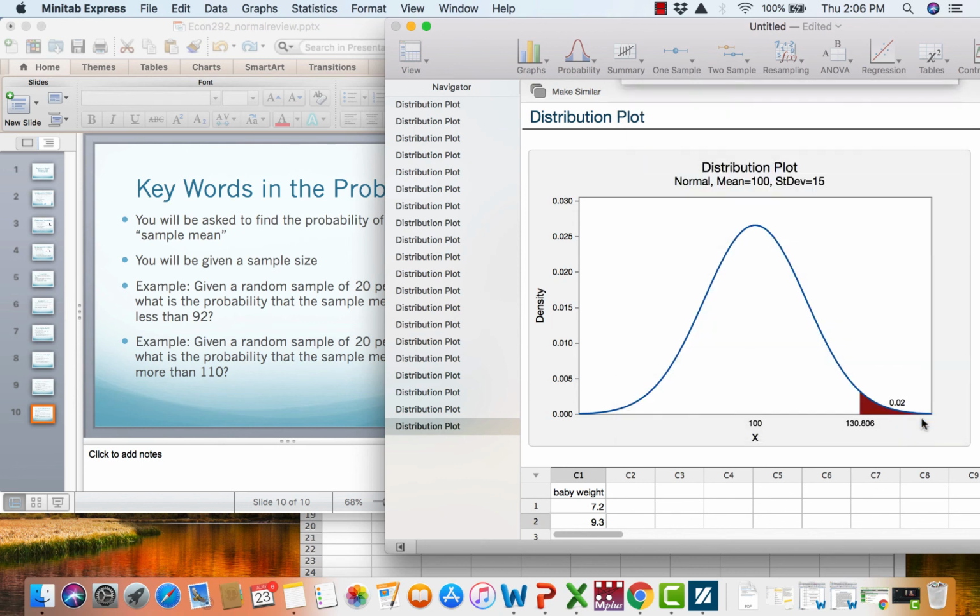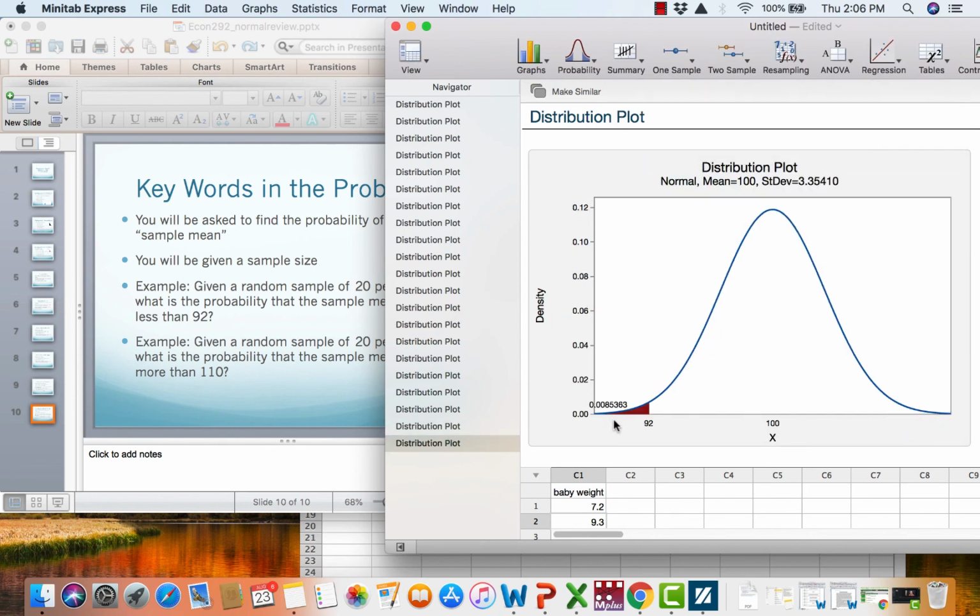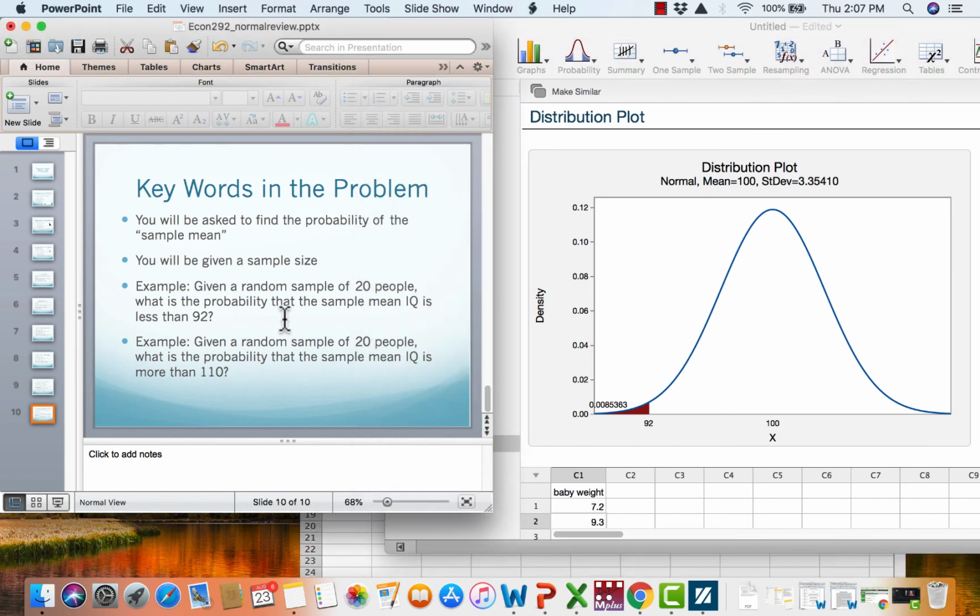Okay. And we see down here our probability is 0.854%. So 0.854% is our very small probability.